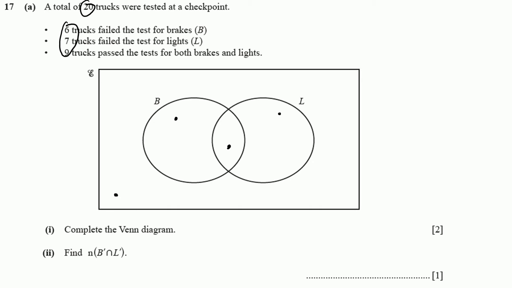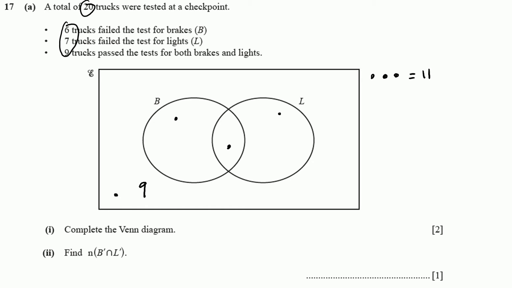9 trucks passed the tests for both brakes and lights. Now, these sets refer to trucks failing tests. The 9, therefore, goes out here. That means, in total, those 3 dots in the middle have to add up to make 11, because the total number of trucks being tested is 20.